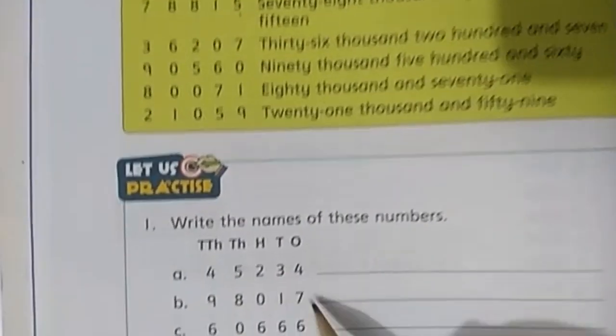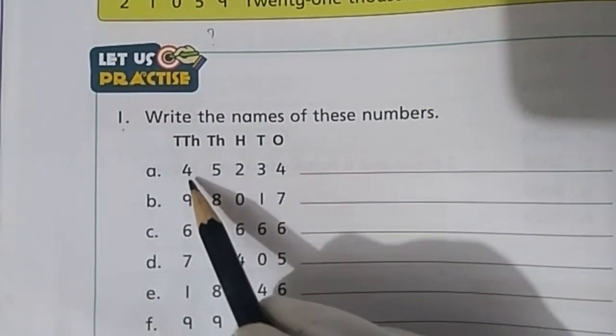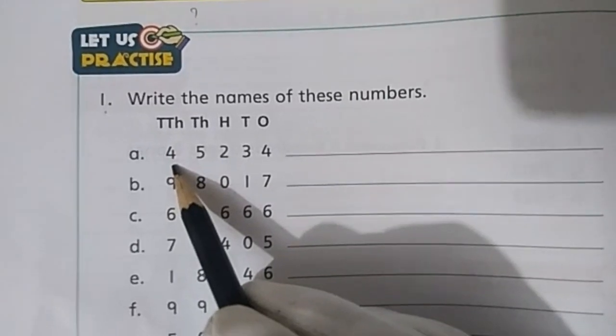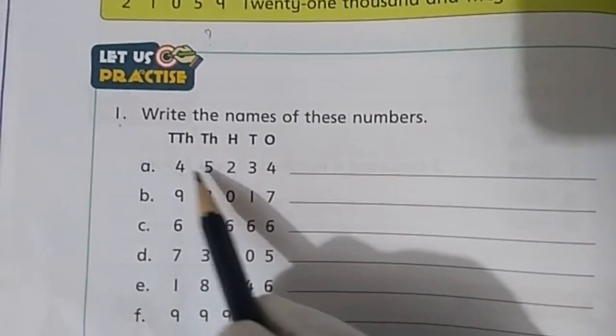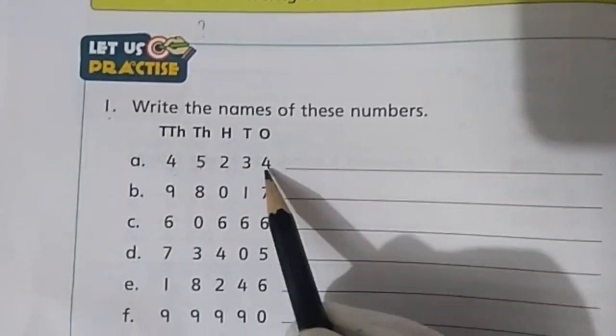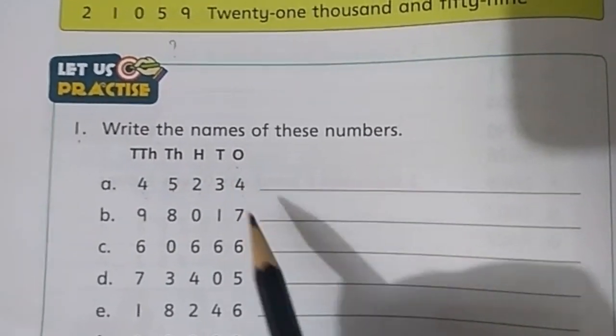Now students, start exercise 1, page number 10. First write the date over there. Then name the numbers of these digits. If the digits are 4, 5, 2, 3, 4, by using the place value chart, we must write the name.